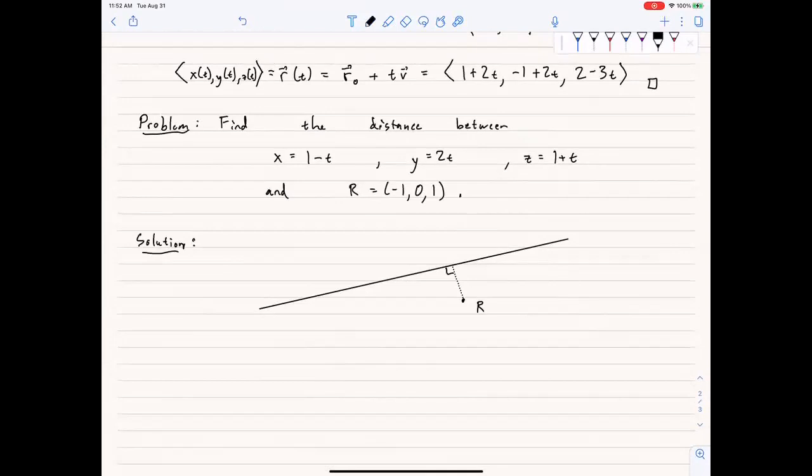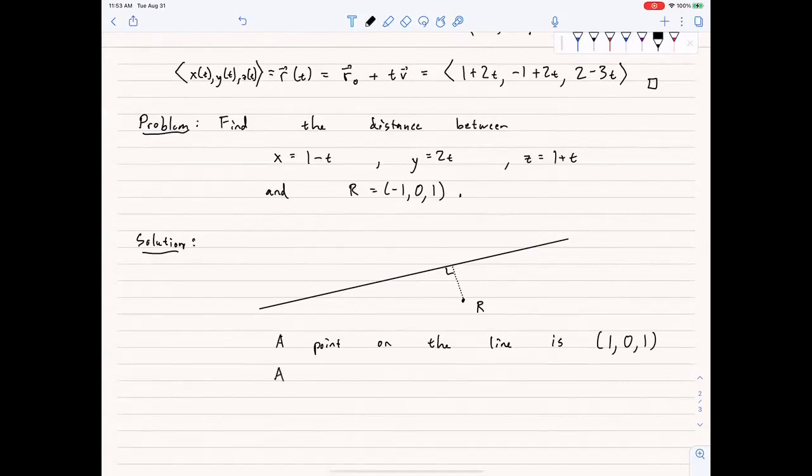So an initial point on the line I'm given in this problem, just for general information, is (1, 0, 1). That's one point on the line. But more importantly, we can extract a direction vector, which is what we're going to want.